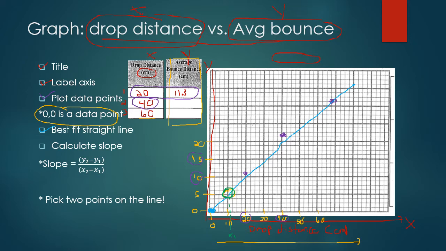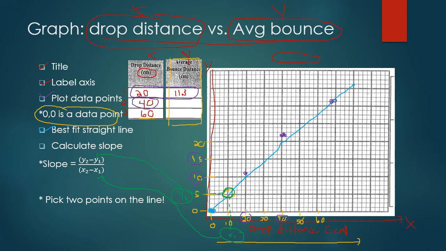Now I'm going to follow that same data point over, and wherever that data point hits on the y, that's going to be my y1 value. This will be my x1 that I plug here. This will be my y1 that I plug up here.